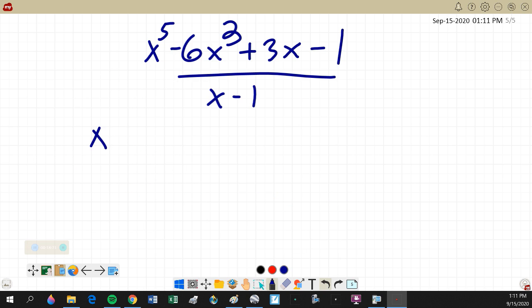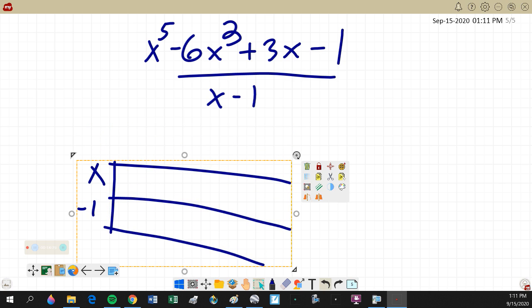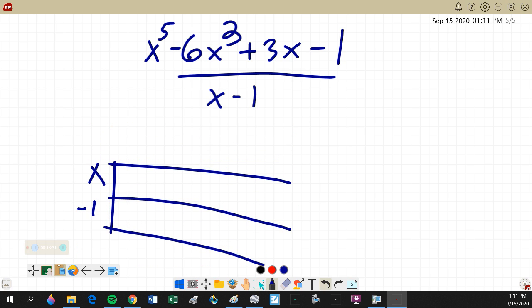So I put x minus 1 on the side. Actually, let me move this down a little bit. Okay. Bring down the x to the fifth. Pull out an x. Okay. Now these two need to add up to be... No, oh, sorry. This is a 4, and that's a 4.